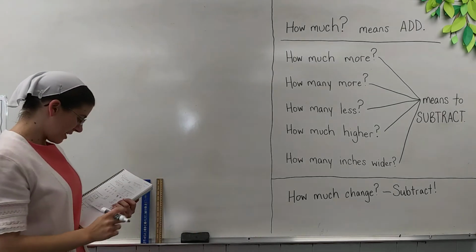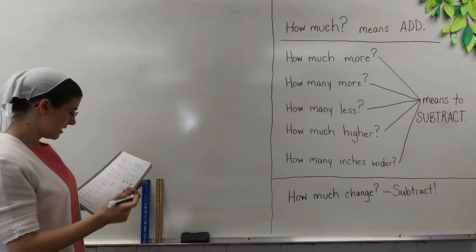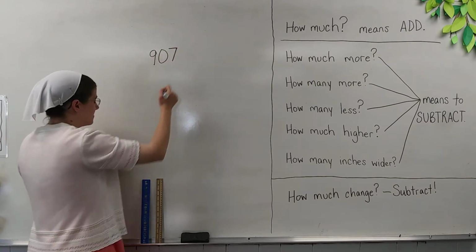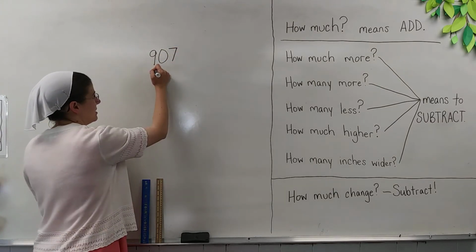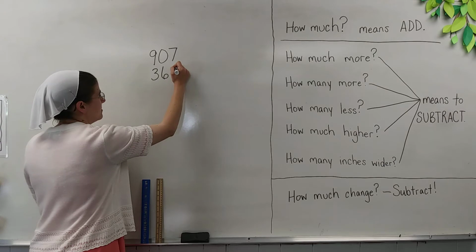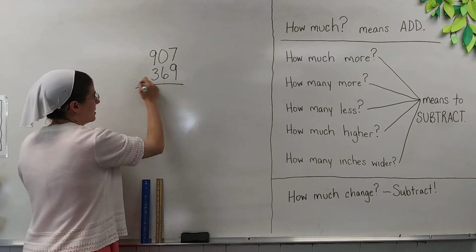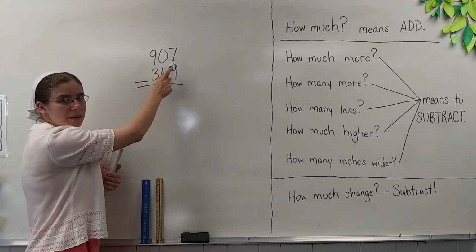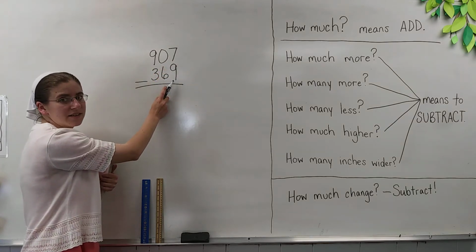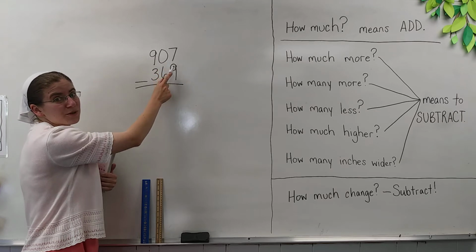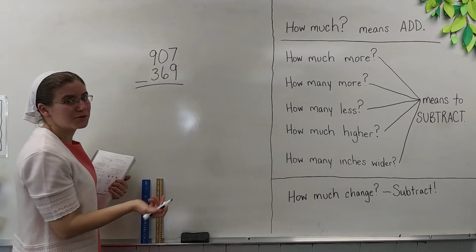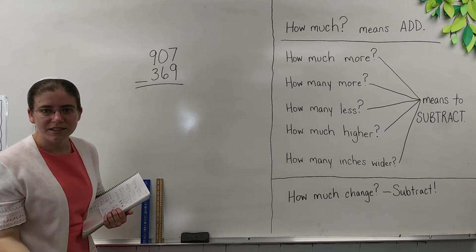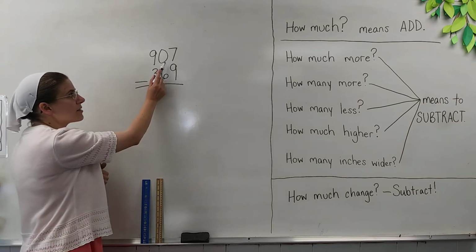Let's do another subtraction problem. Let's go 907 minus 369. Okay, so if I have 7 cookies in my box, can I take out 9? Nope, 7 is smaller than 9, so I'm going to have to borrow. But guess what? All that is in the tens place, they don't have any.